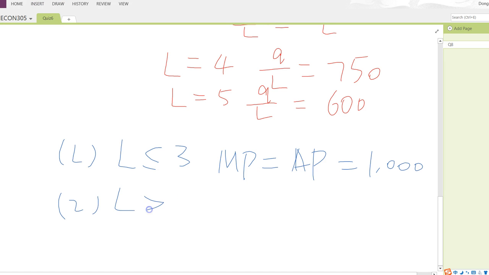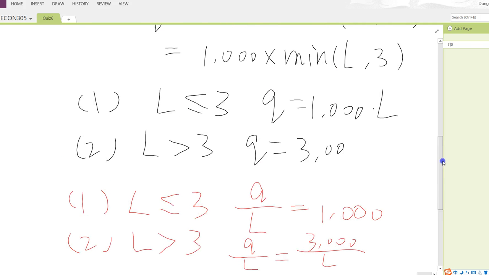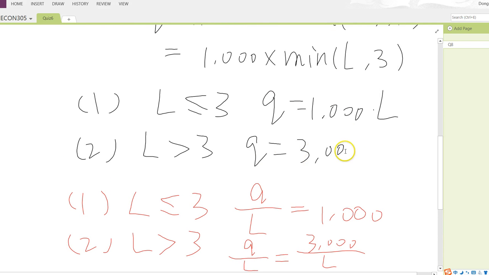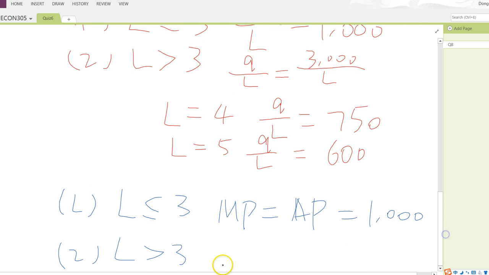when L is greater than 3, total product, if we go back, that equals fixed. Actually, this is 0, 1, 3000. Q equals 3000. Hence, when you increase the labor, it doesn't increase the product. Hence, the marginal product of labor when labor is greater than 3 should equal 0.